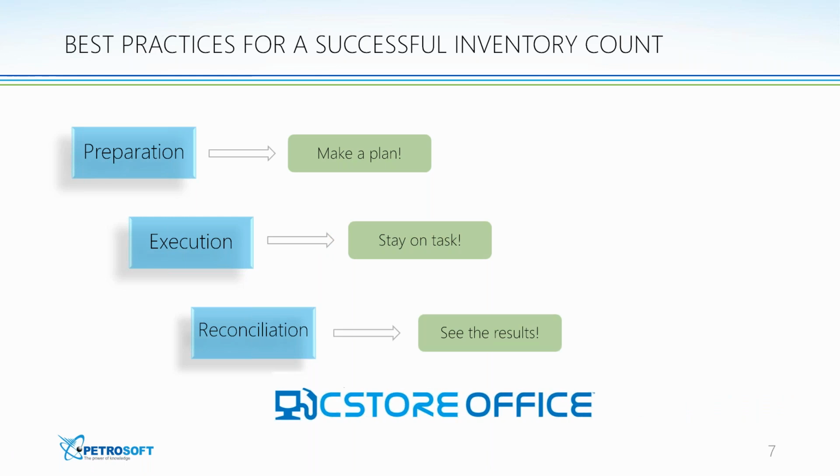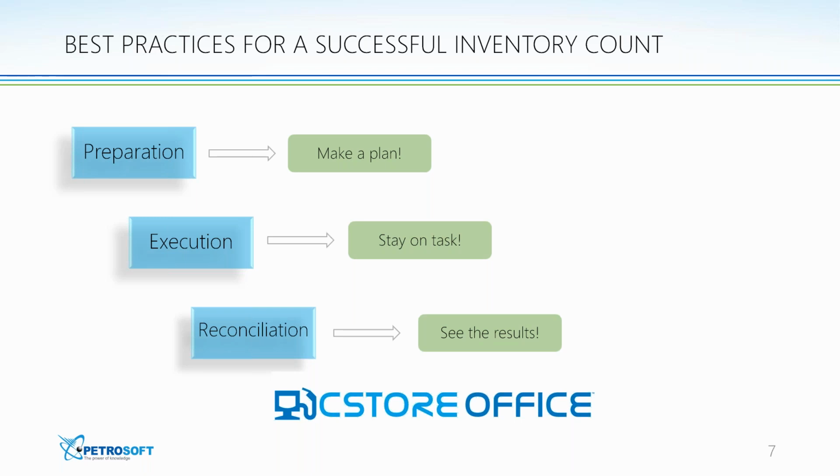And this is where C-Store Office comes into play as your inventory reconciliation solution. Using our software, you're able to print out a missed items report the minute an inventory is uploaded. You're then able to see items that may have been missed by the counter or the inventory company and adjust the numbers accordingly. You can then review, discuss, and acknowledge inventory discrepancies.